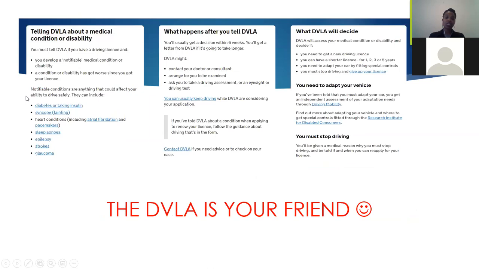Diabetes, or anybody taking insulin, people who are having syncope, fainting episodes, atrial fibrillation, and anyone with a pacemaker, they have to tell them. Sleep apnea or obstructive sleep apnea, anyone with epilepsy, TIAs and strokes, glaucomas, cataracts, anyone with macular degeneration, or anything that you think in your mind might need to notify the DVLA. Just think about it in those terms of safety.